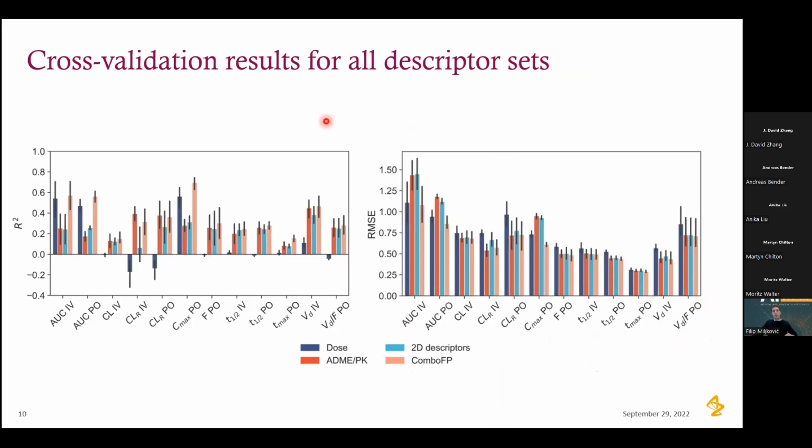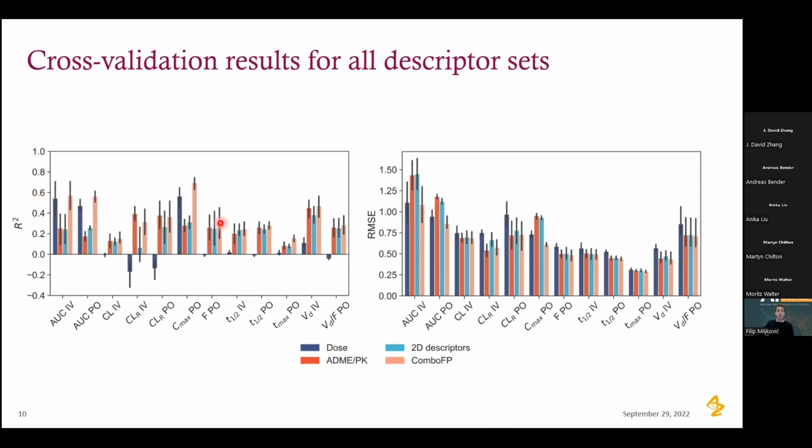So having said that, the cross-validation was designated the same way as the test set, because we have been splitting the data not to leak the compound information between folds. We first evaluated the cross-validation results, and you can see for each of the bar plots we have the error bars as well.